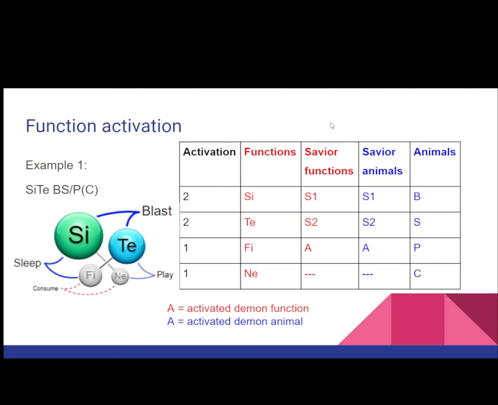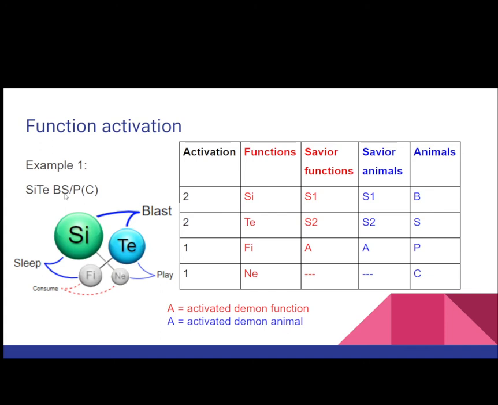Now, over here for FI, we call this an activated daemon function. What does that mean? It means that even though as a function FI is a daemon, it's being activated through one of the savior animals. Sleep here is a savior animal.